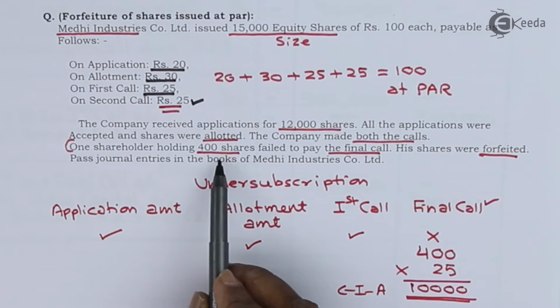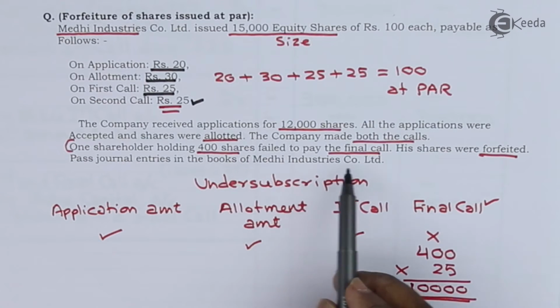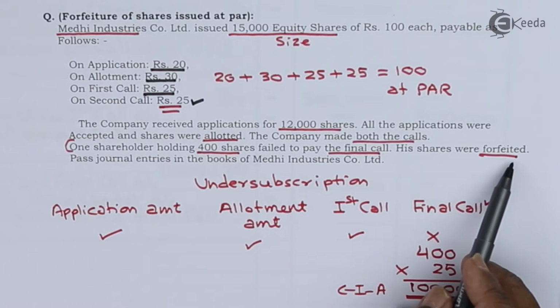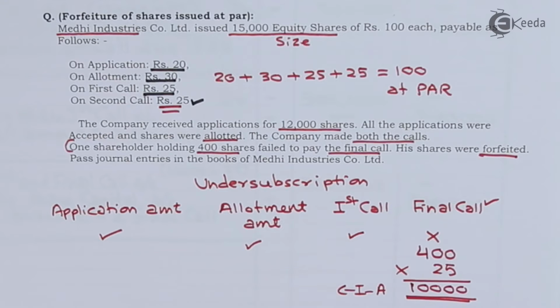One shareholder holding 400 shares failed to pay the final call. His shares were forfeited. We have calculated call in arrears amount on his 400 shares, final call 25 rupees, it comes to 10,000. The company failed to receive this amount, but it has received amount from remaining shareholders.